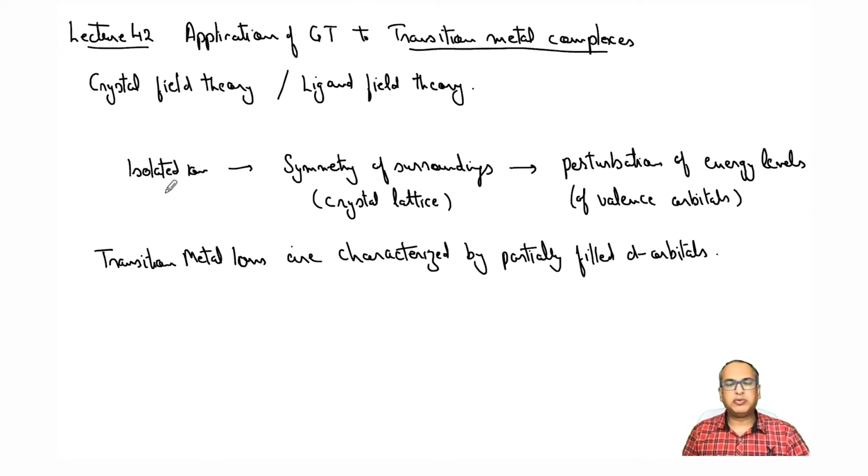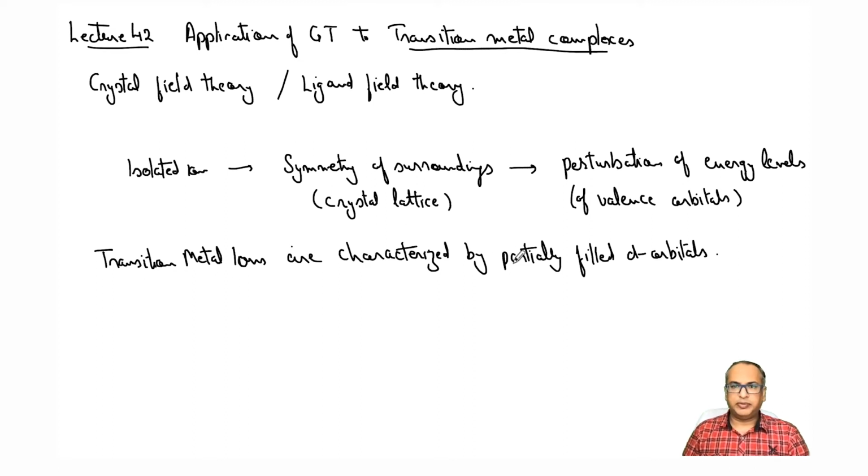So d orbitals would have a particular energy in an isolated ion, and when that particular ion is put into a crystal lattice of some ligands, there would be perturbation of the energy levels of those d orbitals. So we'll see how that perturbation happens, which d orbitals are stabilized and which are destabilized, and all that can be explained, at least the relative energies, by group theory.